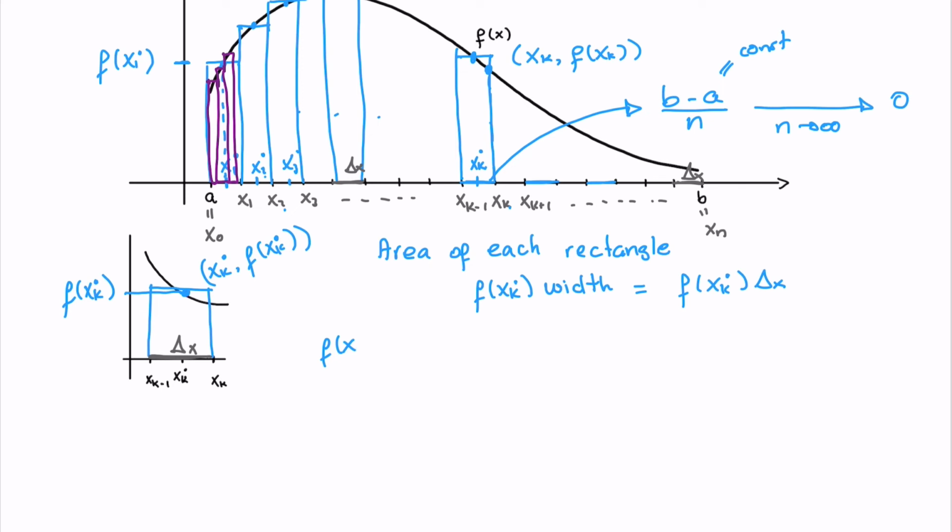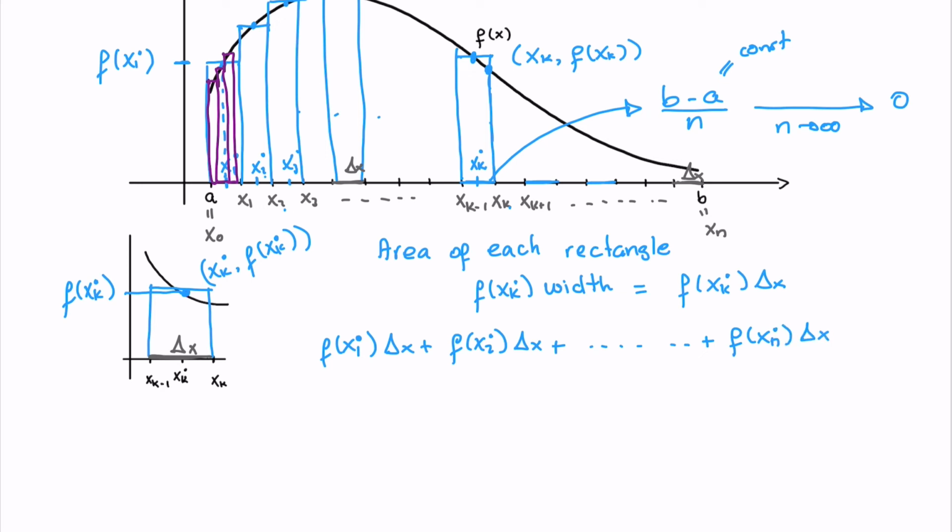So not x0, it starts at x1: f(x1)·Δx plus f(x2)·Δx plus f(x3)·Δx, and so on, until we reach the last one, f(xn)·Δx.